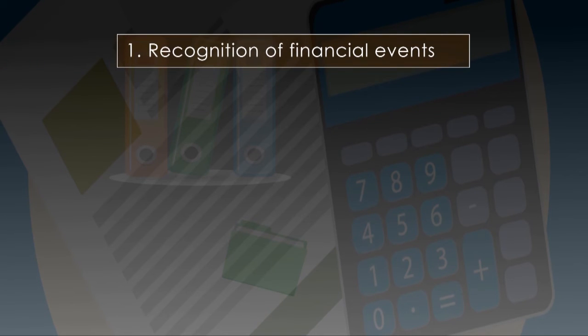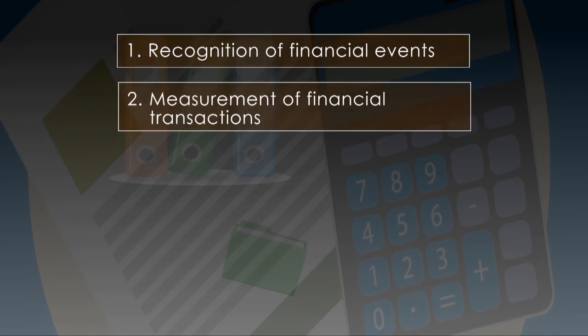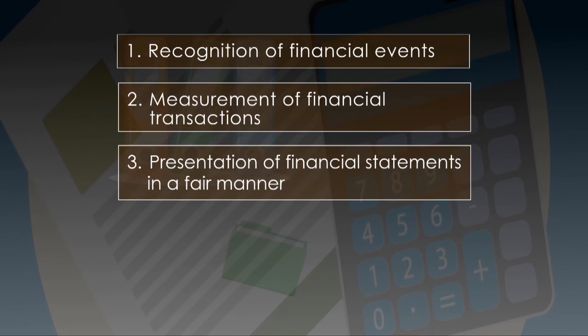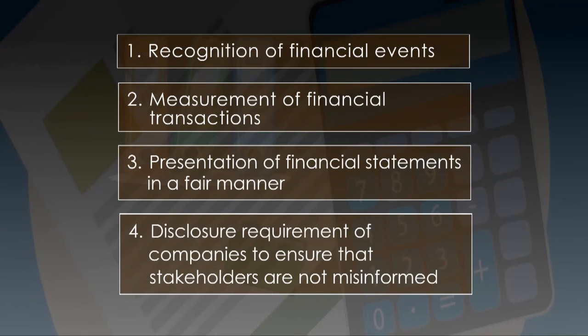Accounting standards mainly deal with four major issues of accounting, namely recognition of financial events, measurement of financial transactions, presentation of financial statements in a fair manner, and disclosure requirements of companies to ensure that stakeholders are not misinformed.